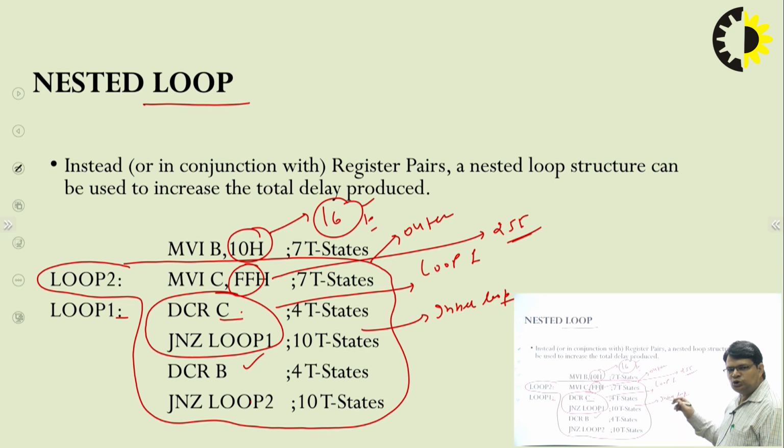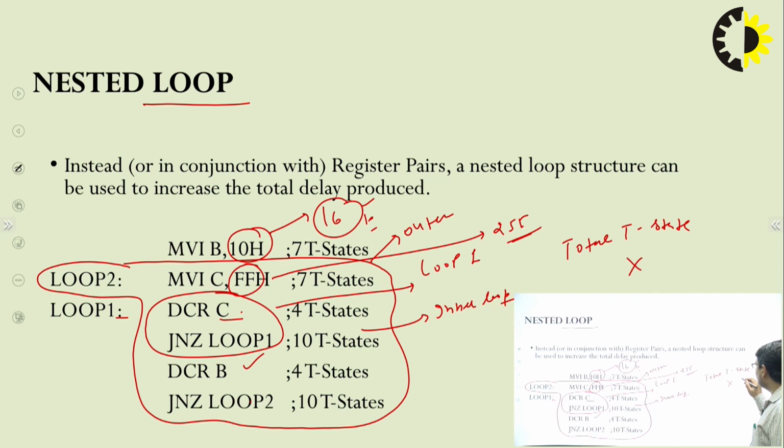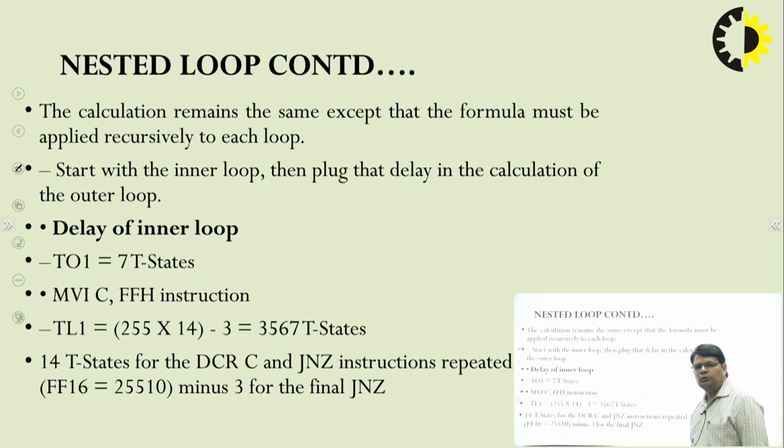So for these two loops we will calculate the total number of T states, and then we will multiply it with the time period corresponding to 1 T state. As done for the previous example, we will calculate for the inner loop as well as for the outer loop.